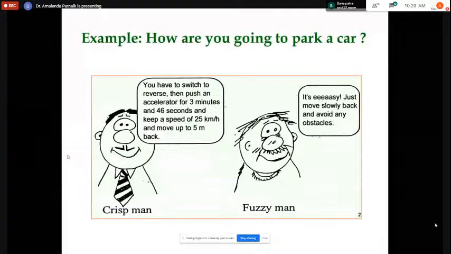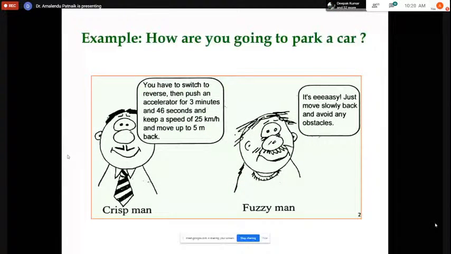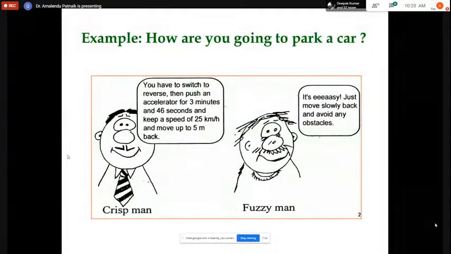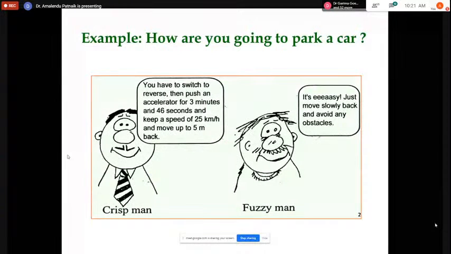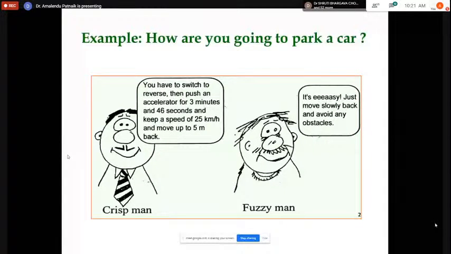But if you ask a fuzzy man, fuzzy logic, which also comes under soft computing techniques, gives a simple solution: it's easy, just move slowly back and avoid any obstacles. That's all. In both cases you get the final solution, but here we are not going for exact measurements, exact timings, exact values, right?